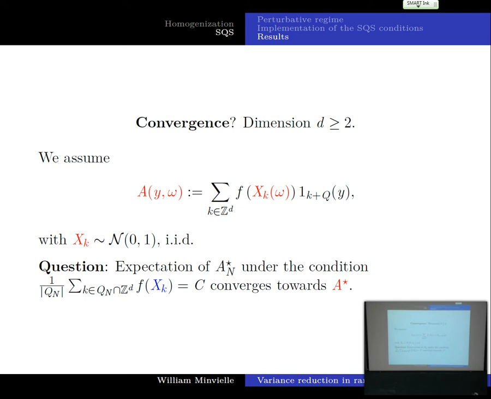Why not? Here I embed the fact that the coefficient field is IID. And the question I ask is: does the expectation of A star n, under the conditioning that I've put here, converge toward A star?